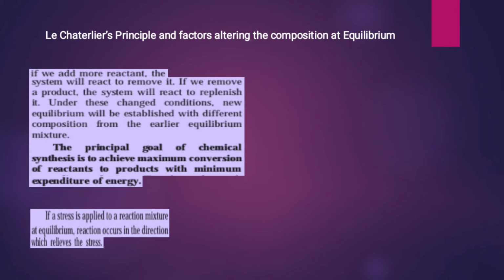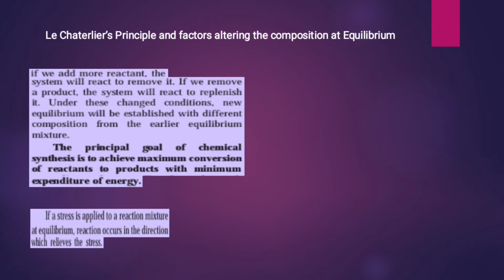Now in Le Chatelier's principle, the quantitative effect of various factors on the composition of the equilibrium mixture is described. If stress is applied to the reaction mixture at equilibrium, then the reaction occurs in the direction which relieves the stress.